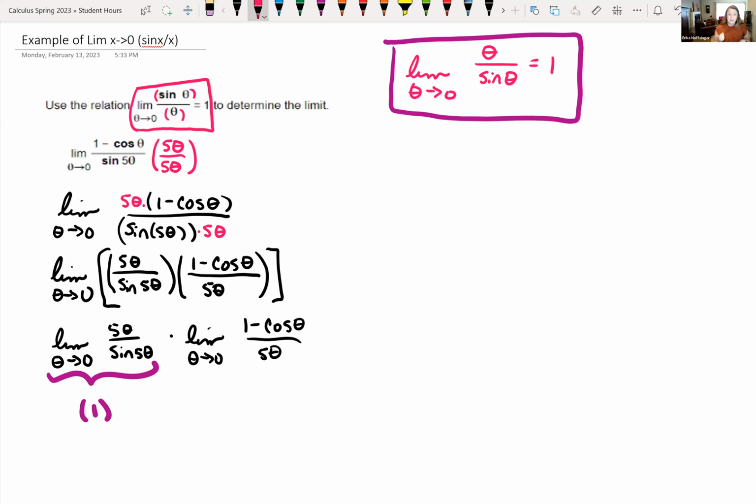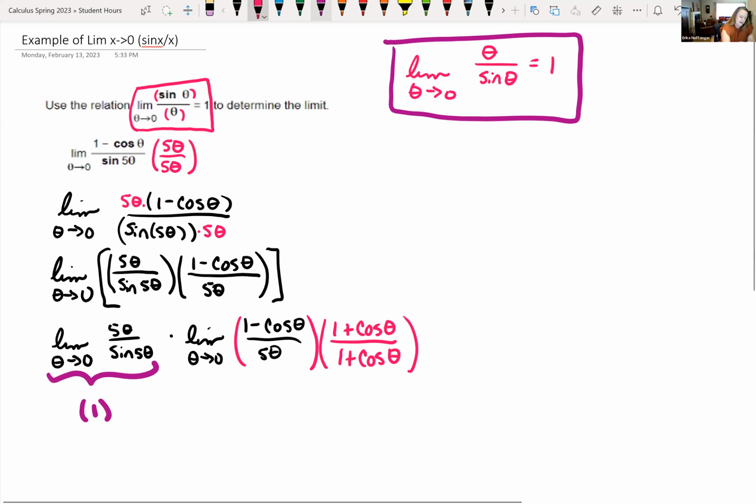So we're trying to manipulate this to look like one of our trig identities. And so I'm going to multiply by the conjugate of 1 minus cosine theta, which would be 1 plus cosine theta. But again, I don't want to change this, so I want to multiply by a fancy one: 1 plus cosine theta all over 1 plus cosine theta.